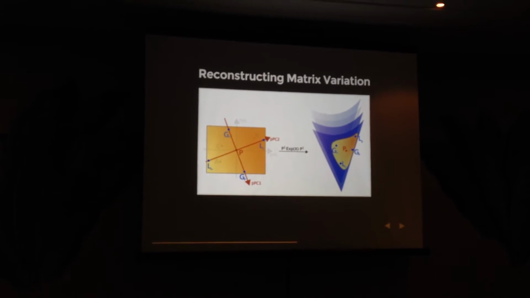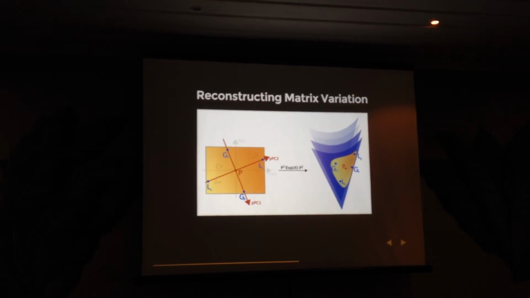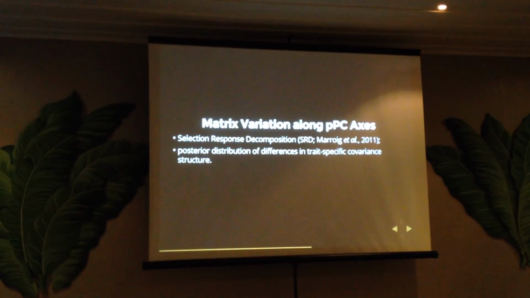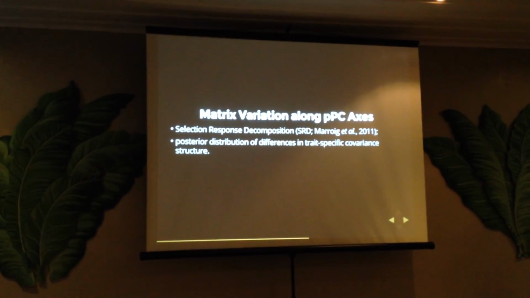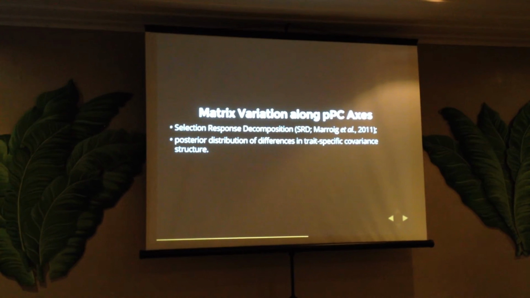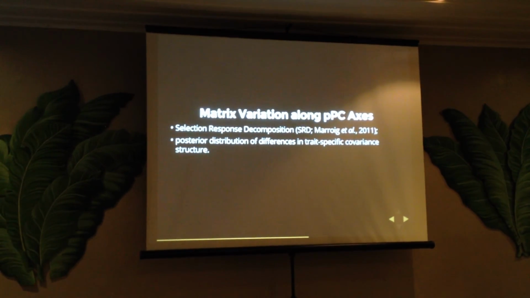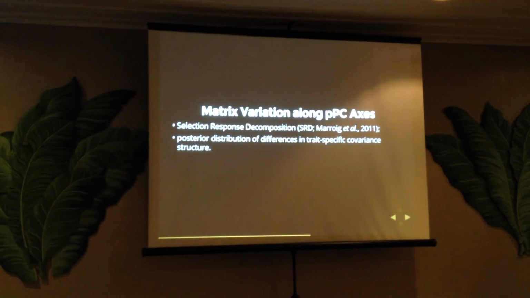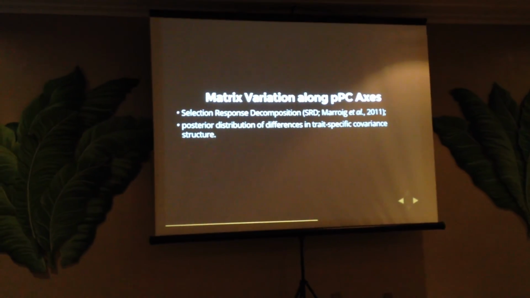To describe variation associated with each axis, we did a selection response decomposition, which allows us to pinpoint which traits are changing. And since we have a posterior distribution of matrices, we can estimate a posterior distribution of differences in trait-specific covariance structure.